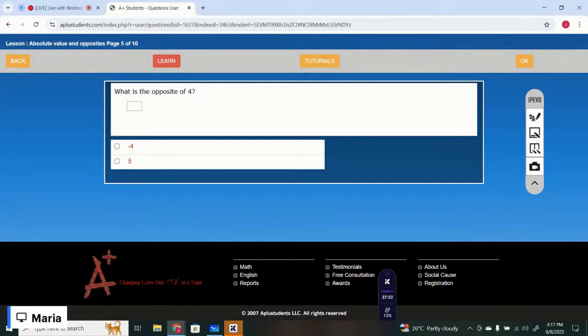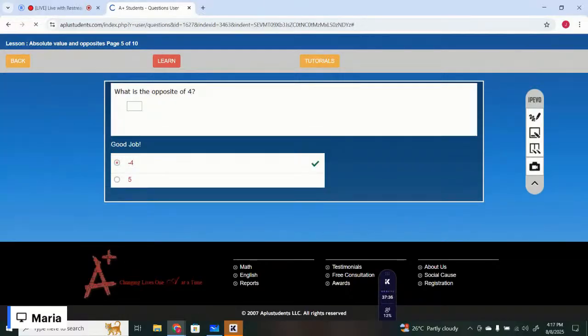What is the opposite of 4? The opposite of 4 is negative 4. Option number 1 is the correct option.